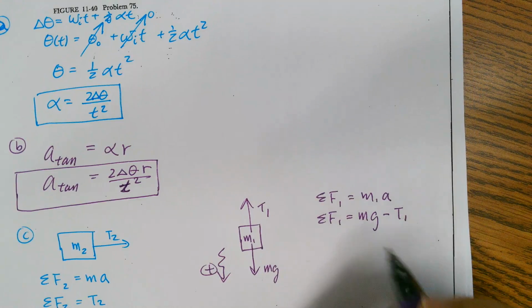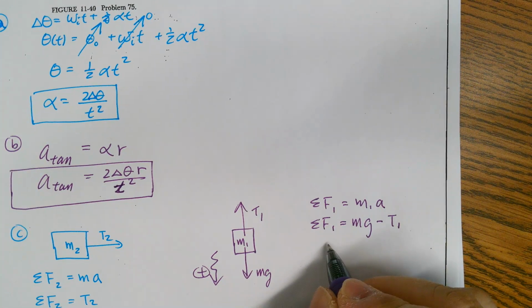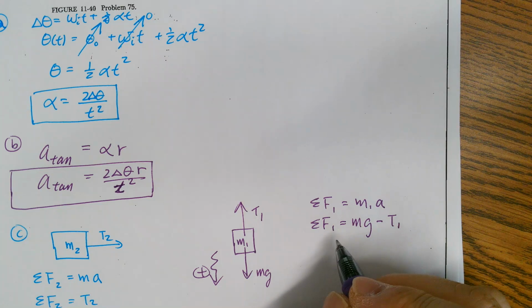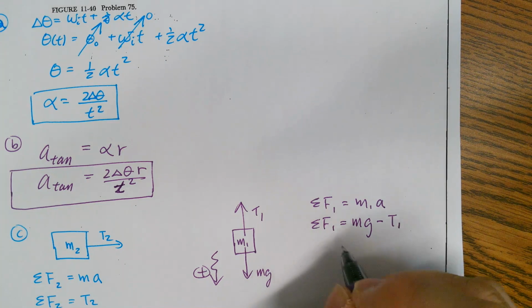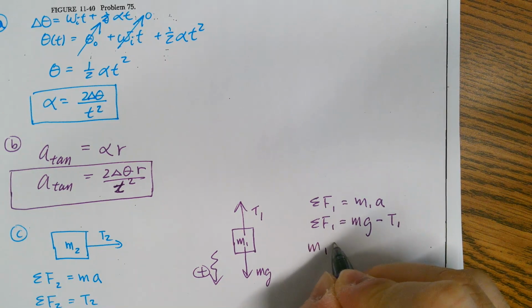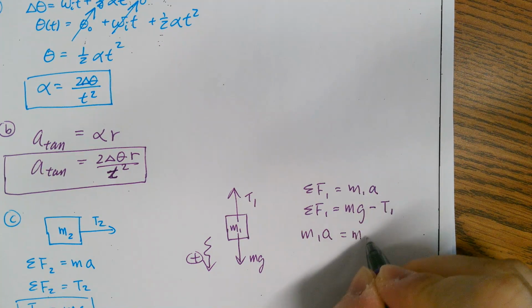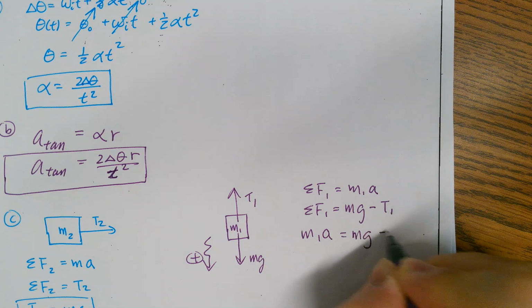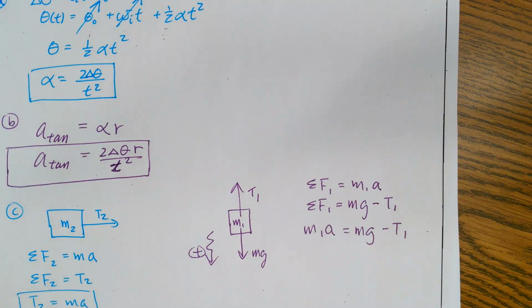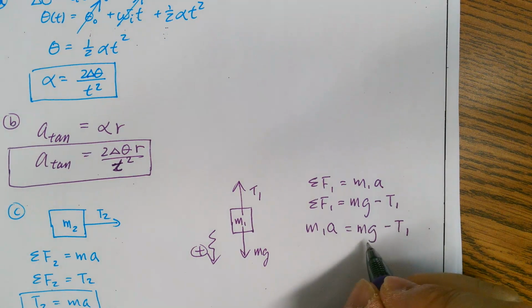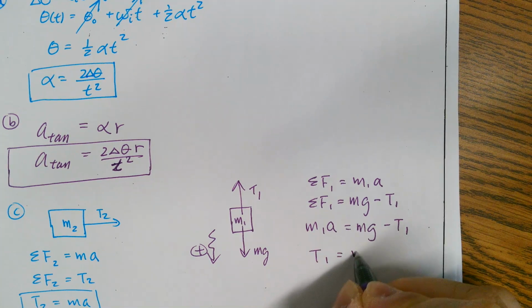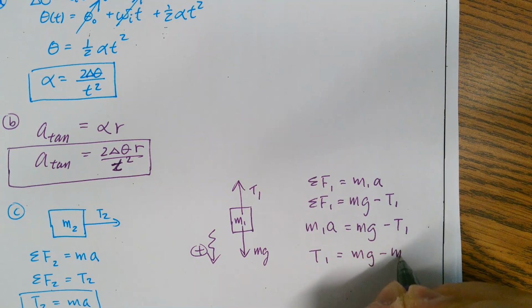So if we set them up, then tension 1 is equal to mg minus ma.